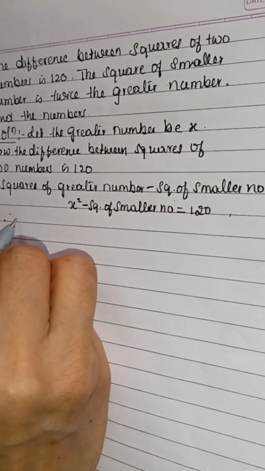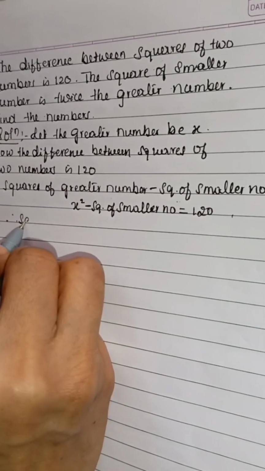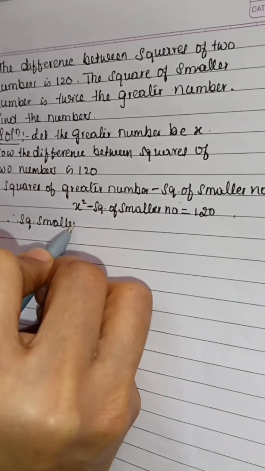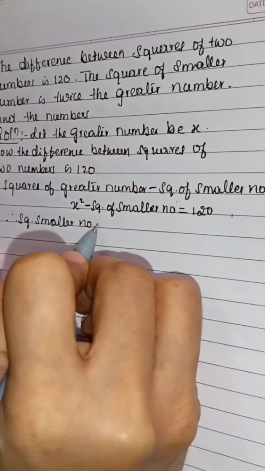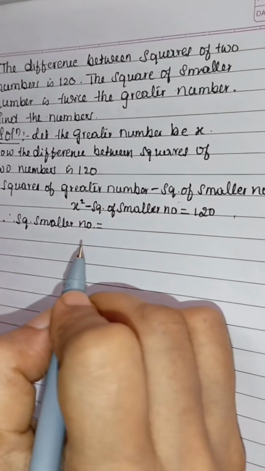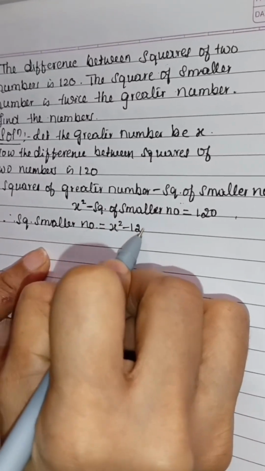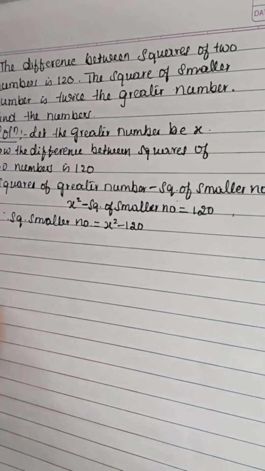Therefore, here the square of the smaller number is what we have to find out: x square minus 120.